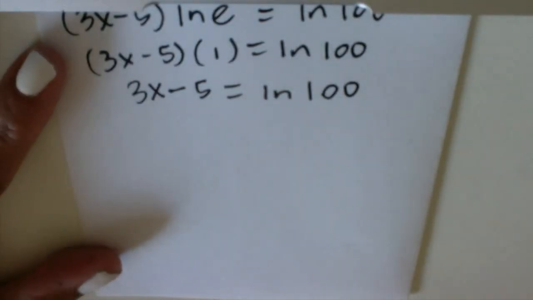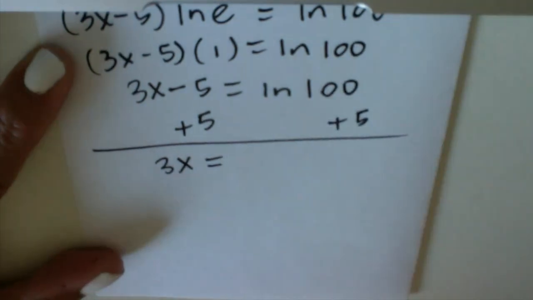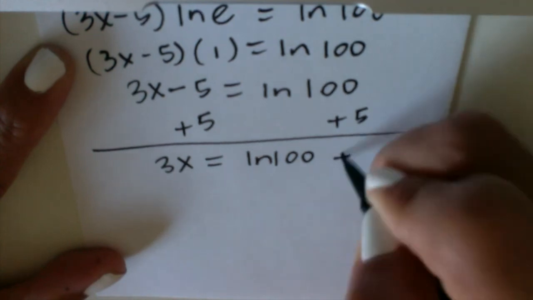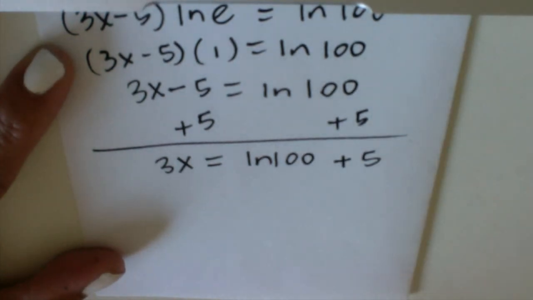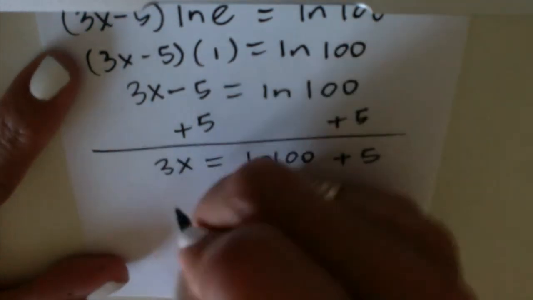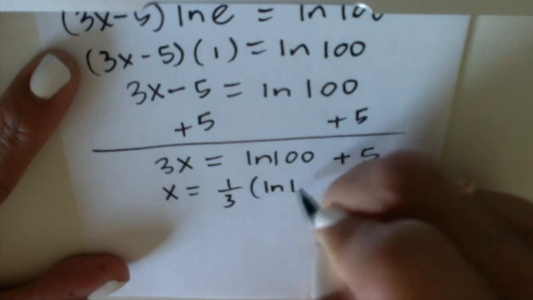So at this point, we're just going to isolate the x. We're going to go ahead and add 5. So we have natural log of 100 and then plus 5. And finally, we're going to divide both sides by 3. So I'm going to put the 1/3 in the front.